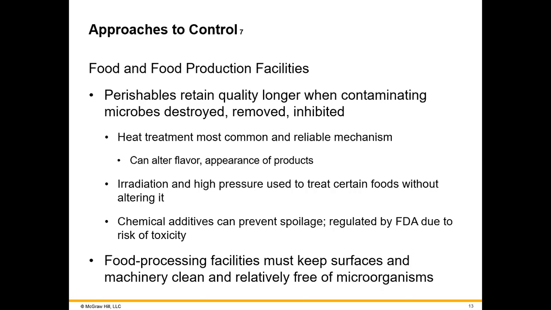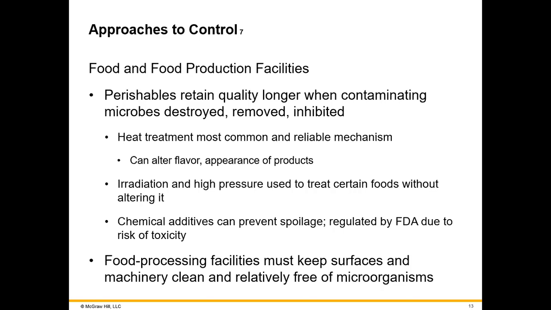I mean, that's an obvious conclusion. So there are different procedures for food material, whether it's canned food, whether it's fresh food, whether it's processed food. And we'll go through these individually.